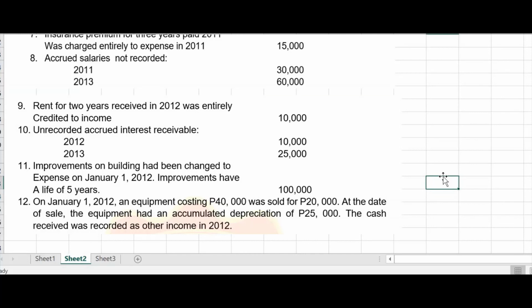So capitalizable. Okay, so dapat instead of charging it to expense, i-amortize mo siya or depreciate mo lang siya for 5 years. Supposedly, may expense ka na 20,000 per year, no? So since for 2012, effects at 2012 is overstatement of the expenses of 80,000, so therefore understated yung net income mo by 80,000.